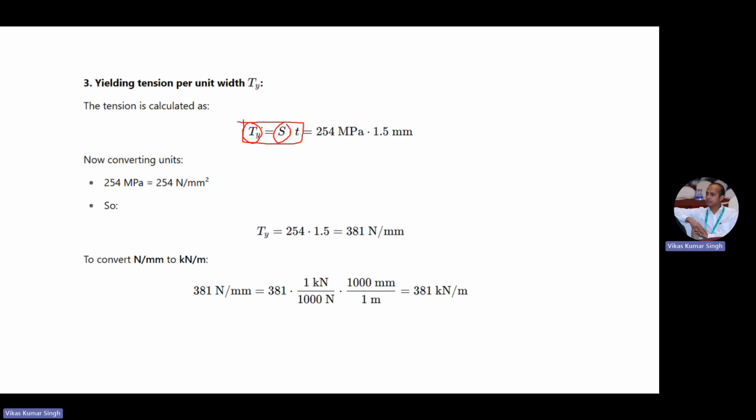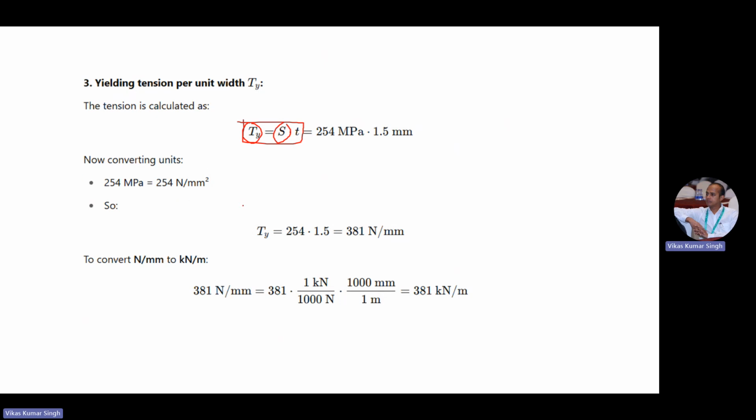Now coming to what is being asked in the question. We have to calculate the value in kilonewton per meter, so we convert the unit.